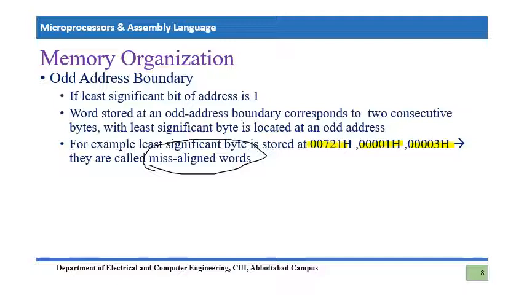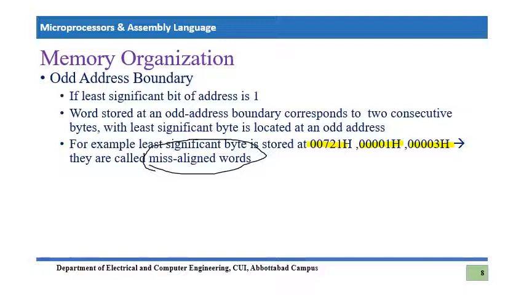I'm going to summarize the same thing that I explained in the last slide. If we want to classify the locations where information is stored, we inspect the least significant byte address, and if that address is odd, then we classify those two locations, of course two locations because we fetch two different bytes from two different locations, as odd address boundary, since their addresses are odd.